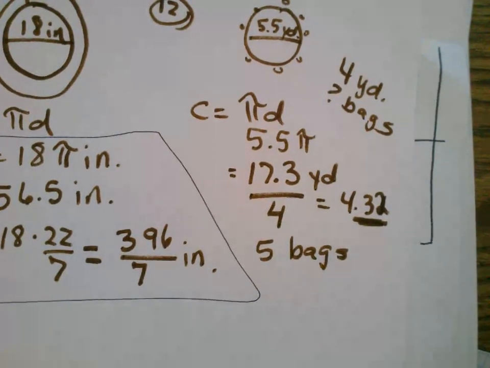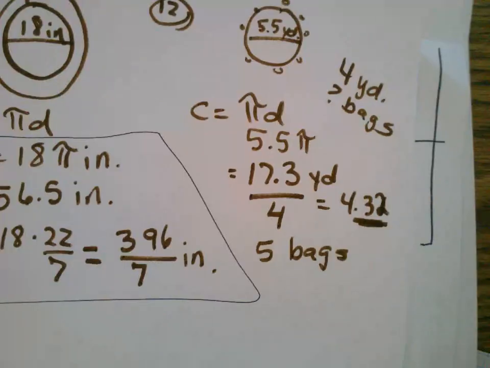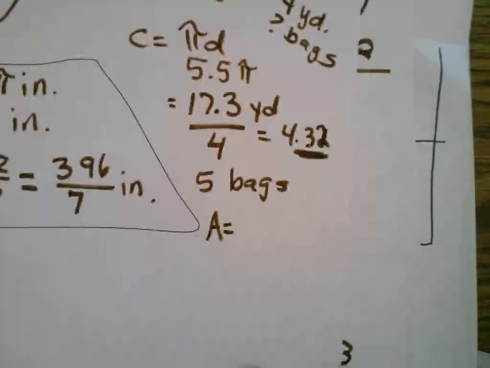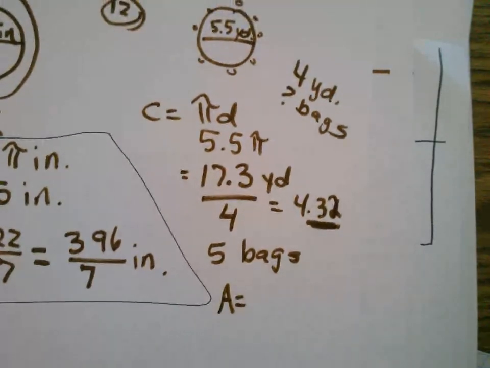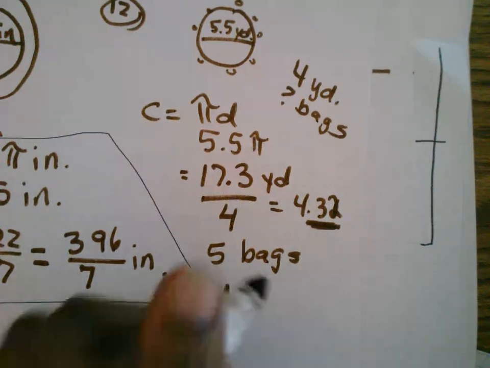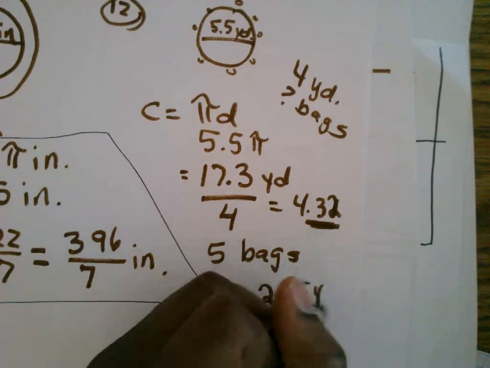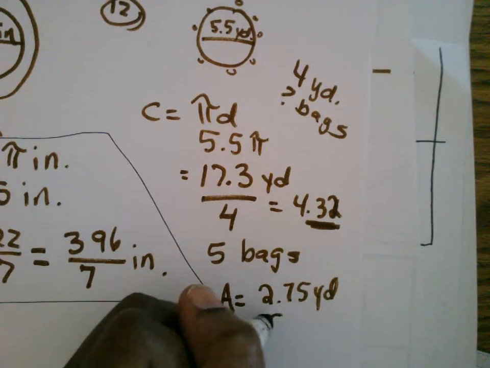There's a second part to this question that says, I will need 5 bags of stones to cover the fish pond that has an area of blank. So we also have to find the area, knowing that the diameter is 5.5. What's half of that diameter, you all? 2.75 yards is the radius.